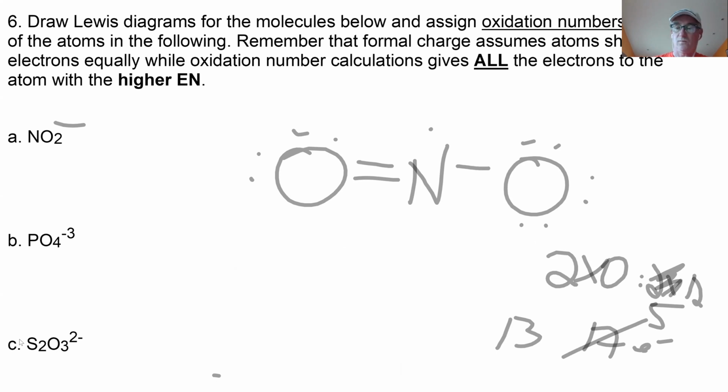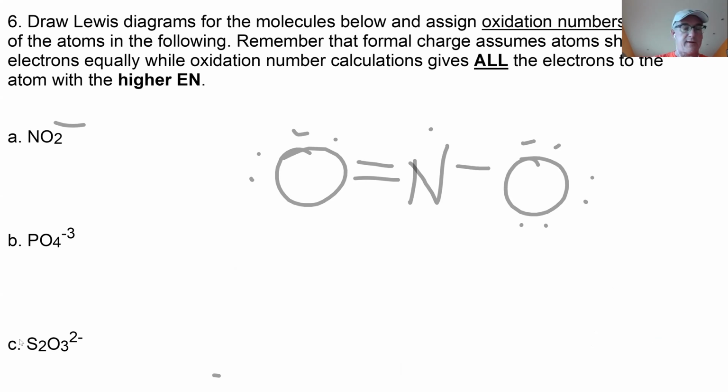Okay. What is the formal charge? So we've got oxygen 1, oxygen 2, and nitrogen. So what's the formal charge on oxygen number 1? How do we calculate that? There is no charge. How did you calculate that though? So it's in group 6, so it's supposed to have 6 valence electrons, and how many does it actually have?